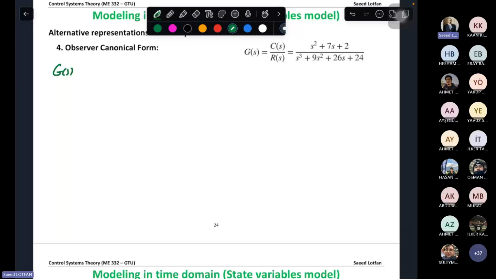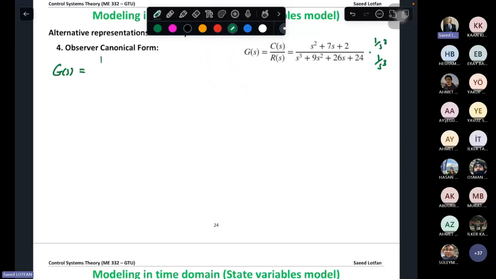You have the transfer function and you divide them by the largest power of s. That is, you multiply this by s^3, and you multiply it by s^3, because 3 is the largest power of s present here.